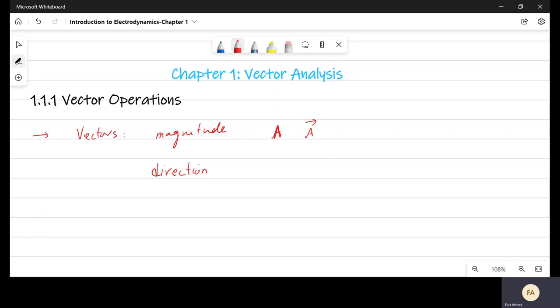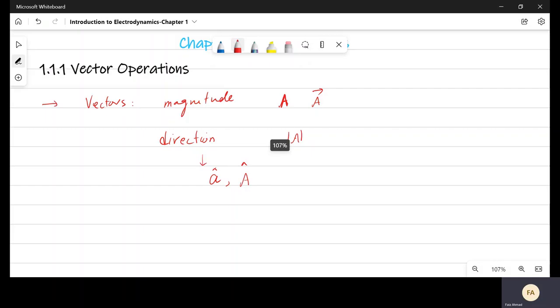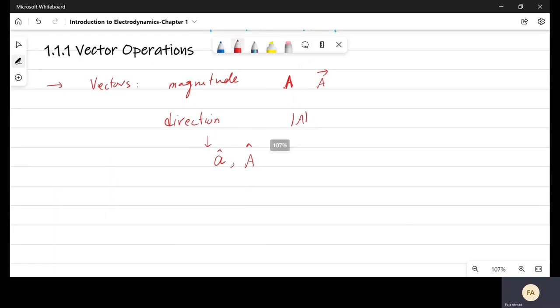And for a vector, the magnitude can be expressed in terms of mod, and direction can be expressed in terms of unit vectors, or unit vector of A. And unit vector is a vector with unit magnitude. So a vector is the combination of a magnitude and a unit vector which describes the direction of the vector.